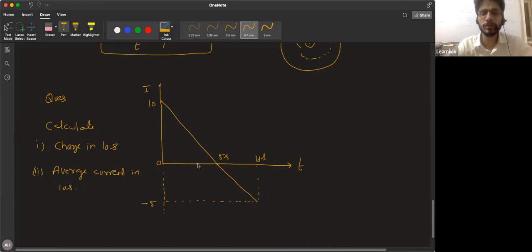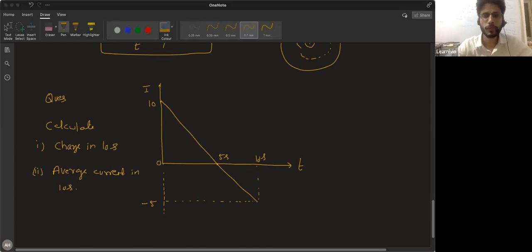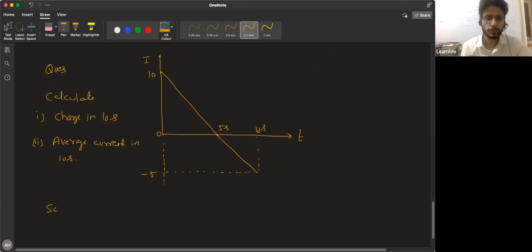How will you calculate the charge flowing through the system in 10 seconds if this graph is given? We will calculate the area under the graph. It will be the area of this triangle plus the area of this triangle.